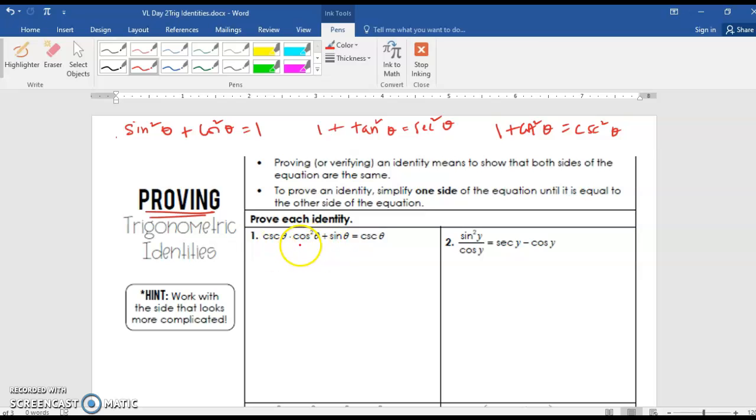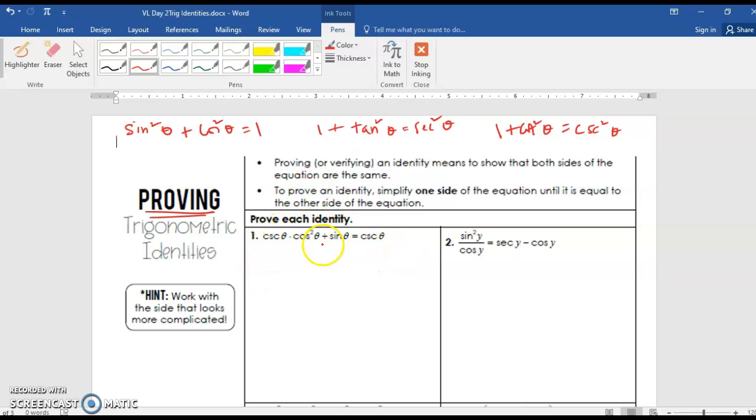You don't have to pick the left one all the time or the right one all the time. Pick whichever is complicated and then try to simplify that with the knowledge that we have gained during the last instructional video, and then you would use those strategies to see if it is equal to the right-hand side. So that's the norm. So let's look at this question here.